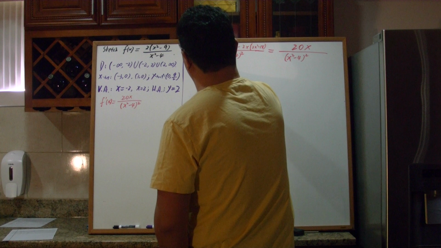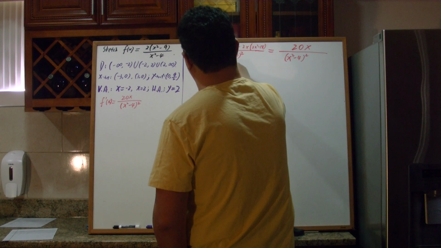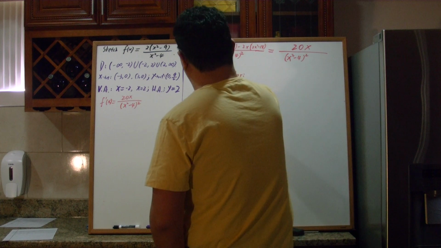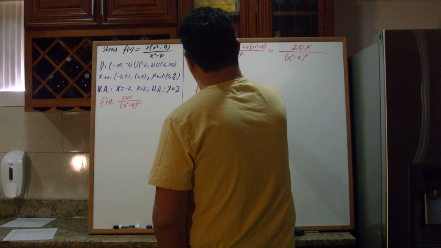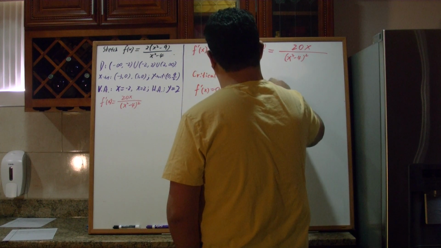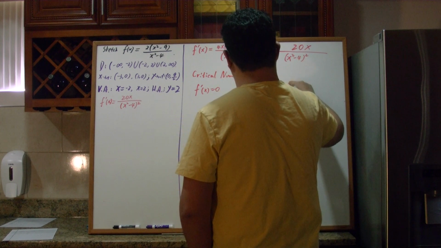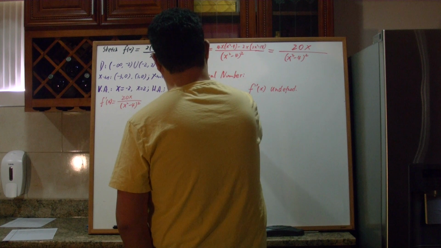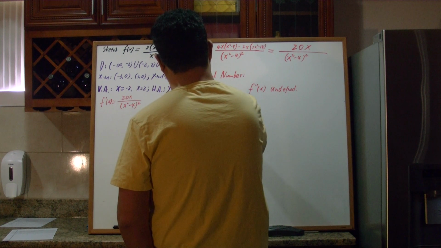And for the critical number, is f prime of x equals 0 or f prime of x undefined? F prime of x equal to 0, that's the numerator equal to 0.